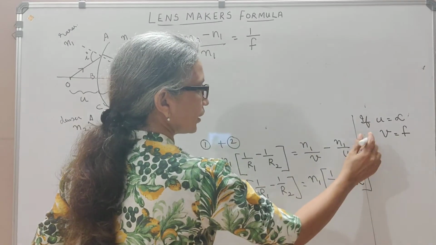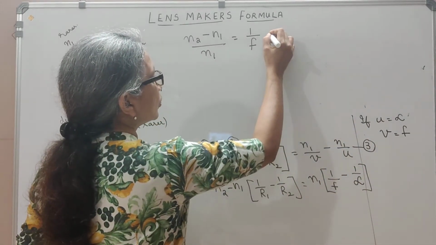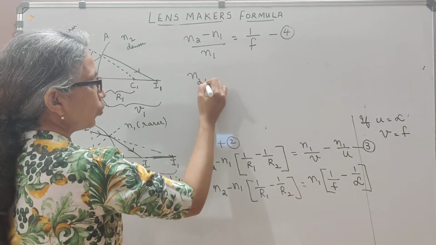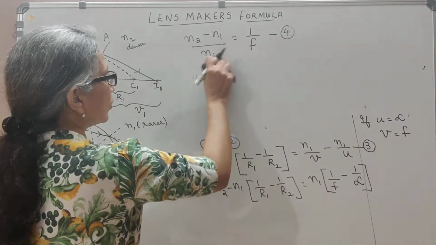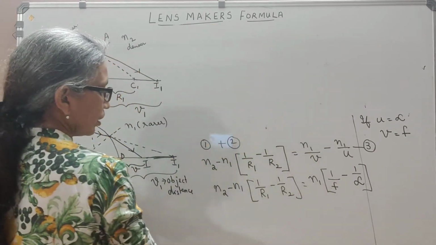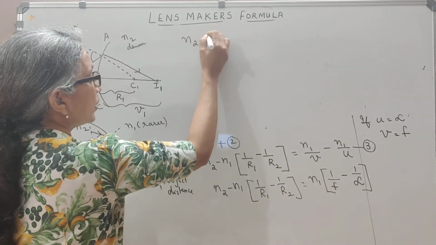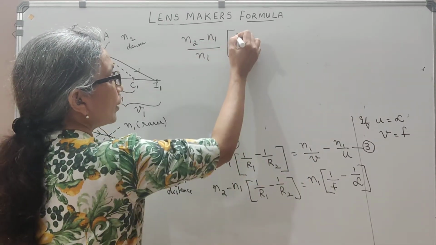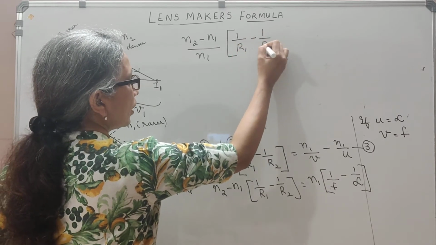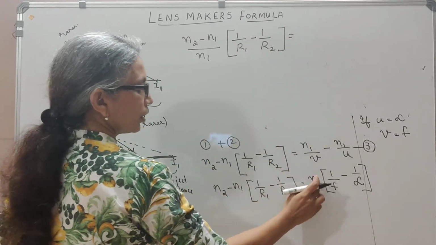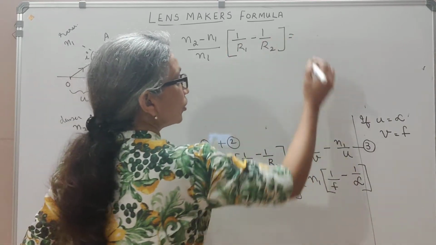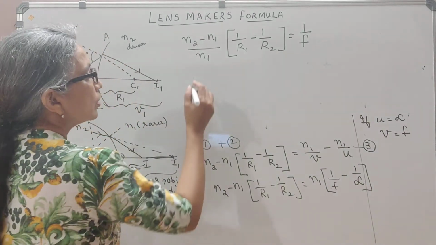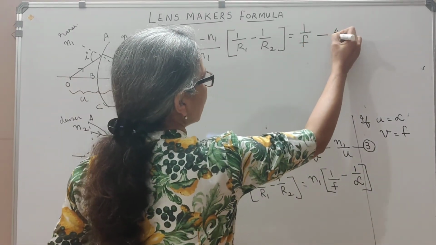Sorry, made a mistake. Here this is N2 minus N1 by N1 bracket 1 by R1 minus 1 by R2 equal to, here I brought this N1 to the left. So on the right side, I only have 1 by F, where 1 by infinity is 0.